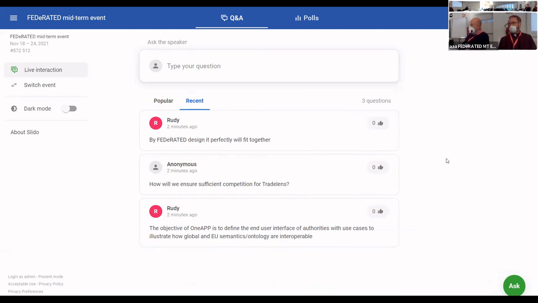I saw that you were posting, we should not create confusion. I think that the one-up for authorities will be completely aligned with the solution that Wout is presenting from the perspective of the BDI architecture. The objective of WADAP is a little bit different. We are sitting together with the authorities also to define what is going to be the end user interface.